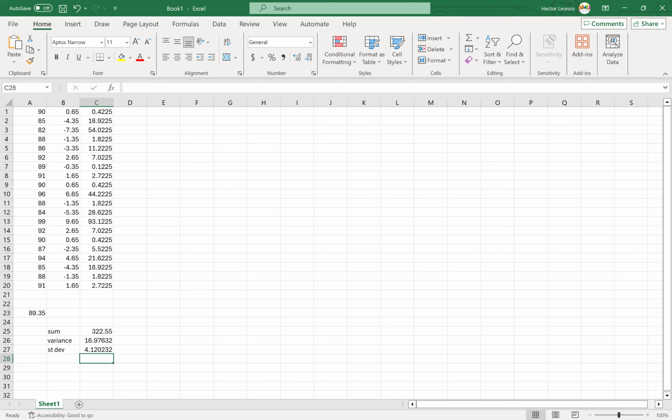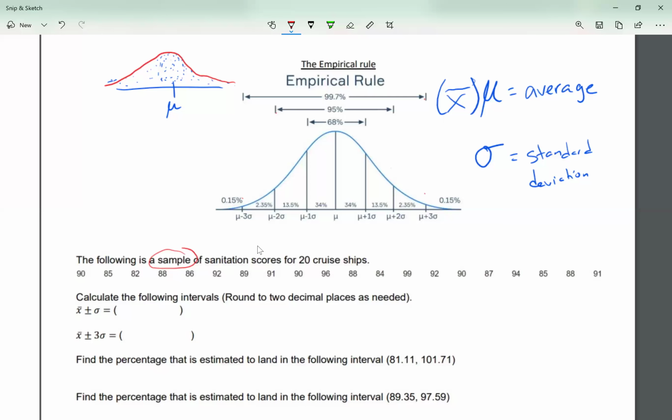Okay, we got that? Okay, so now let's see. Let me go here. Let me write something really quick. Our average and our standard deviation. So standard deviation was 4.12. I remember that. And I remember my mean was 89.35.